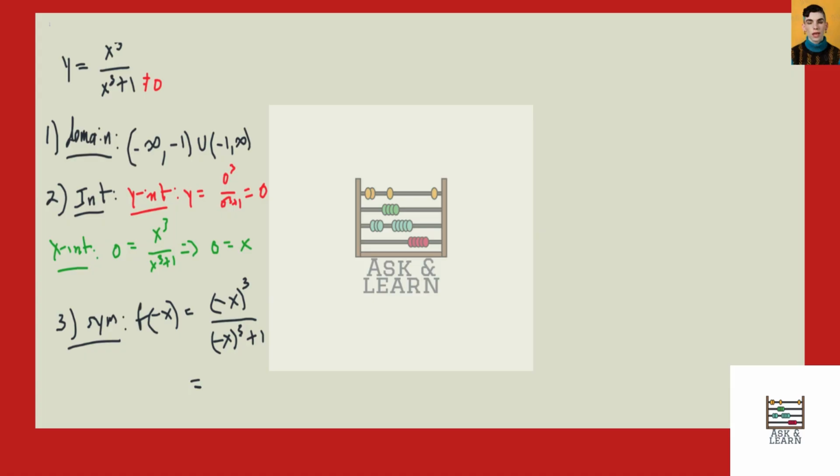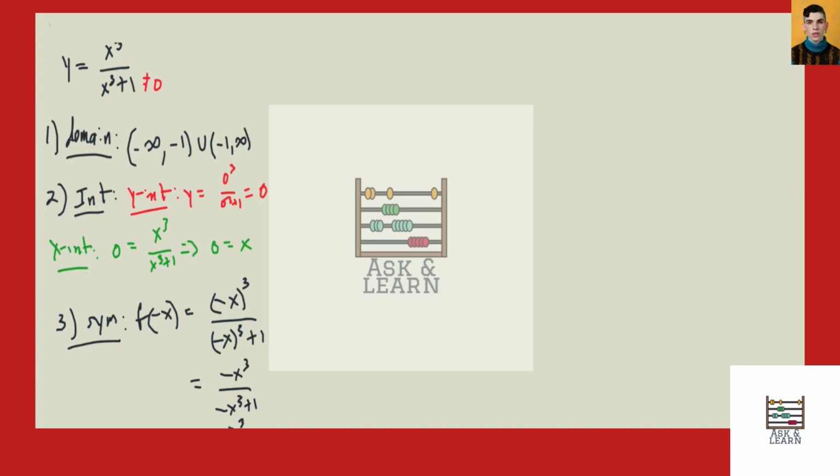All right, so here we can rewrite this as negative x cubed over negative x cubed plus 1. Now, if I were to distribute that negative in the numerator to the denominator, we're going to get x cubed over x cubed minus 1.